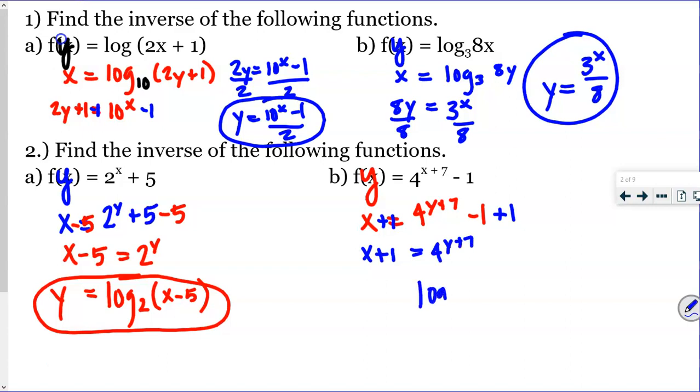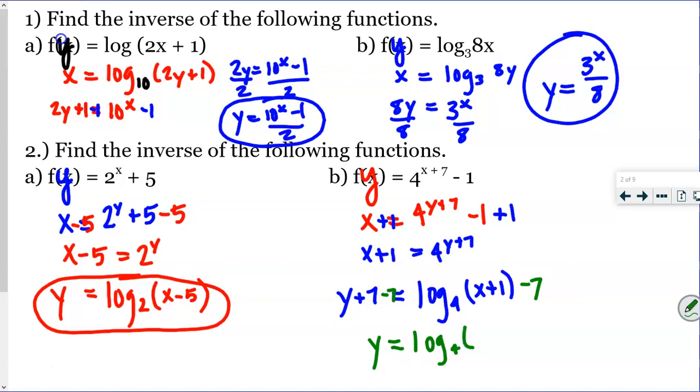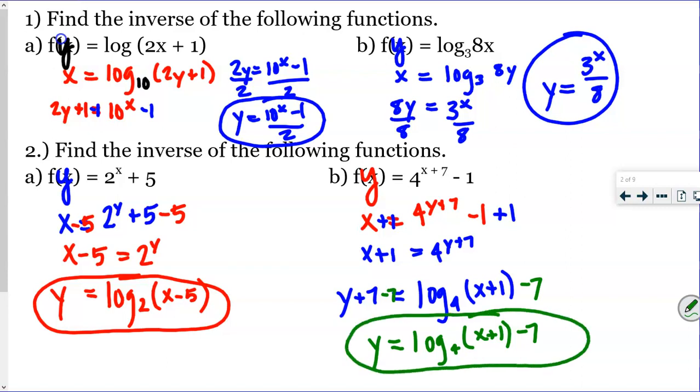So log base 4 of what's on the other side of the equal sign, the x plus 1, that's going to be y plus 7. So now what we need to do is obviously subtract that 7 from both sides. So this is going to be y is equal to log base 4 of x plus 1, minus 7. And that is our inverse function.